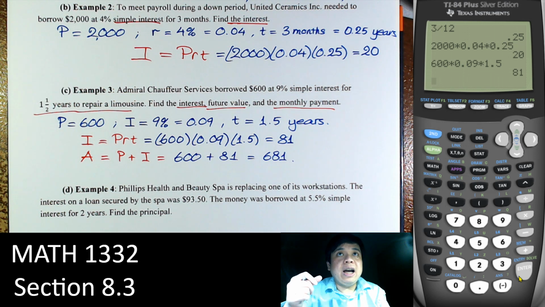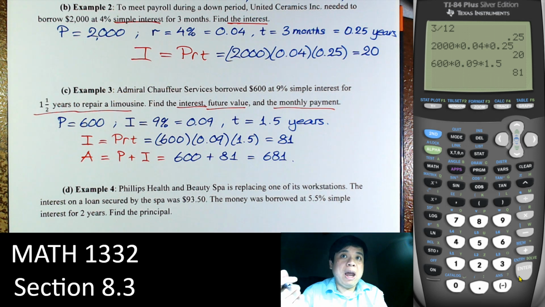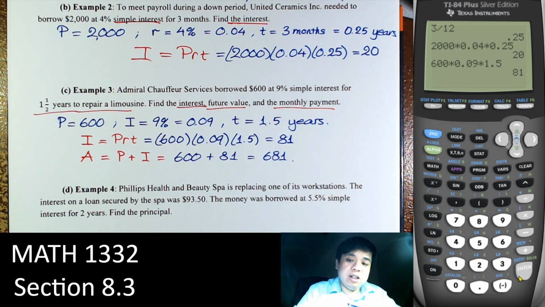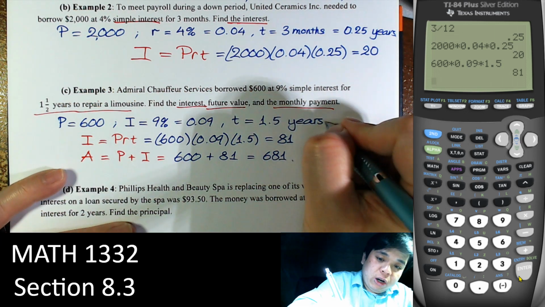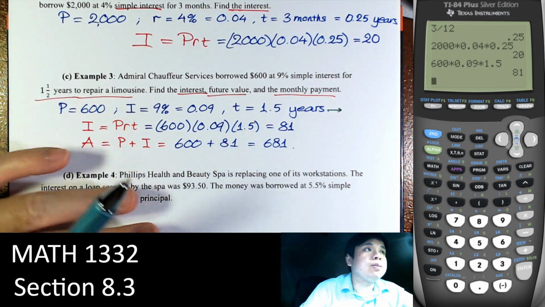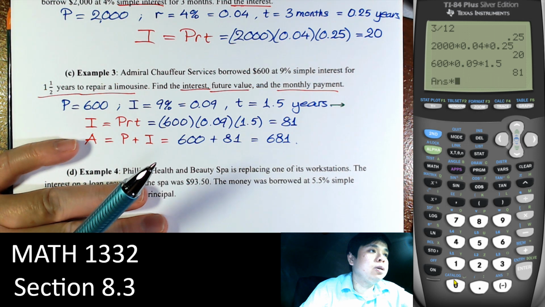But let's assume that we have monthly payments, meaning that after we borrow the money, each month we have to pay back. So this is 1.5 years. If we convert, times 12, 1.5 times 12, that would be 18 months.